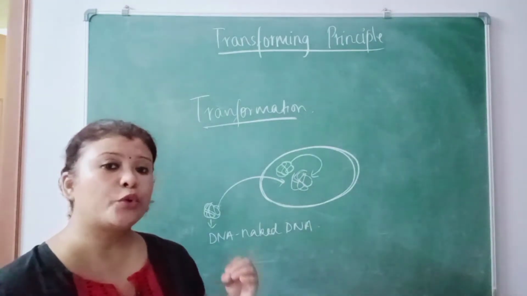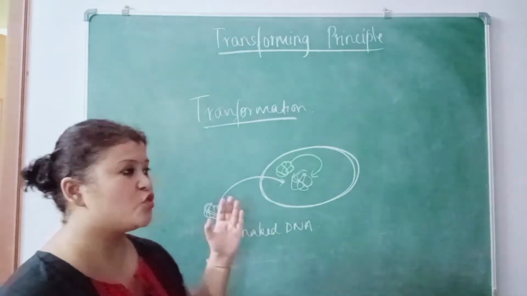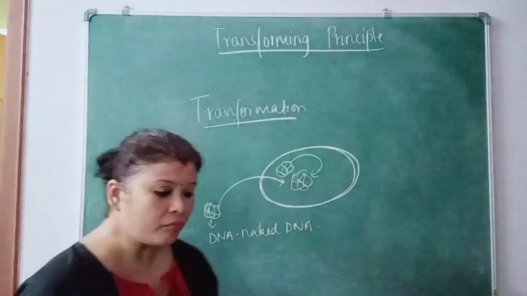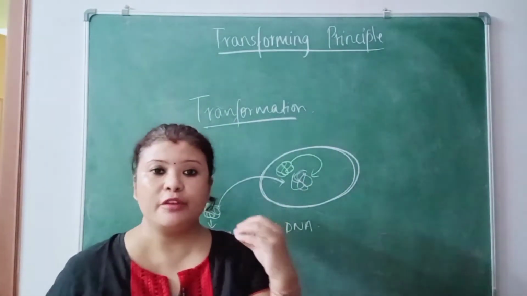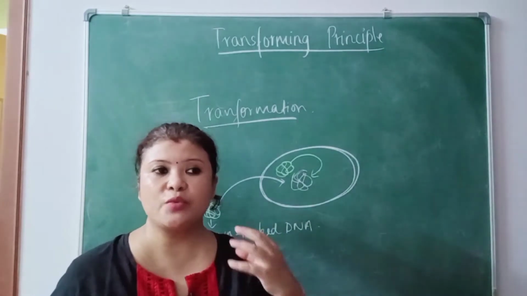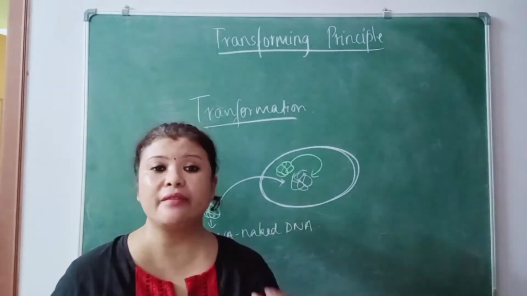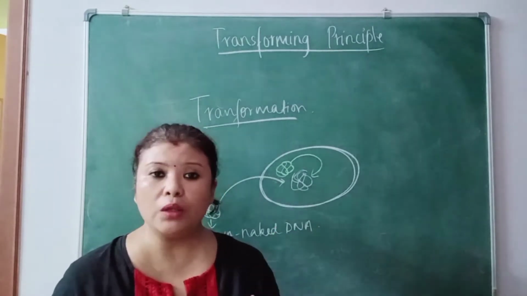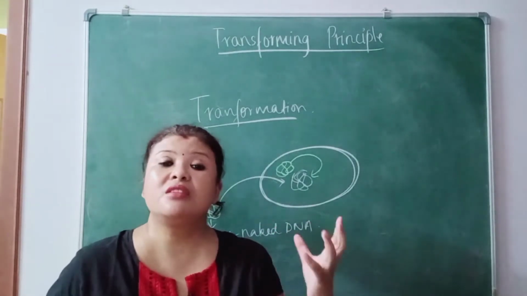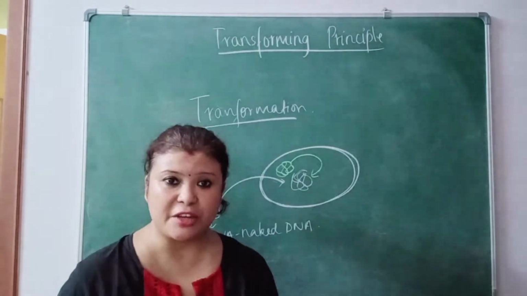Let us see how Griffith tried to explain this transforming principle. Griffith was trying to explain that it was the DNA which was actually responsible for the transformation of all the characters in the different strains of bacteria.